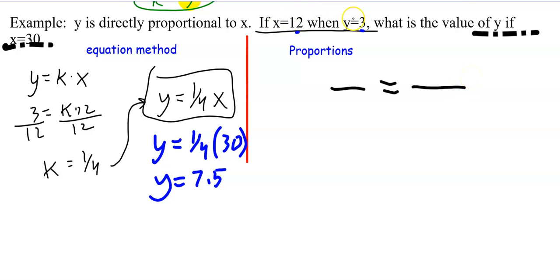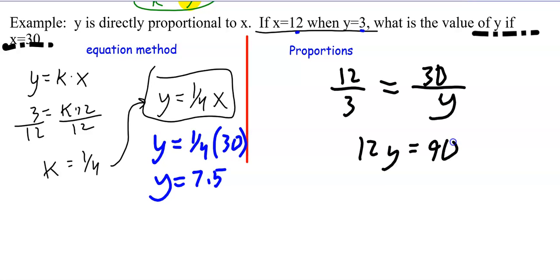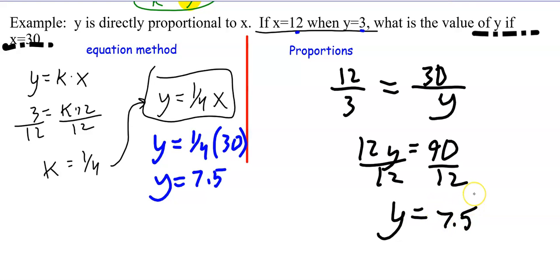Using proportions is another way of solving this. So if x equals 12 and y equals 3, that's x divided by y. So x is 30, y we don't know. Cross multiply, you get 12y equals 90. Divide by 12, and I'm pretty sure it's 7.5.